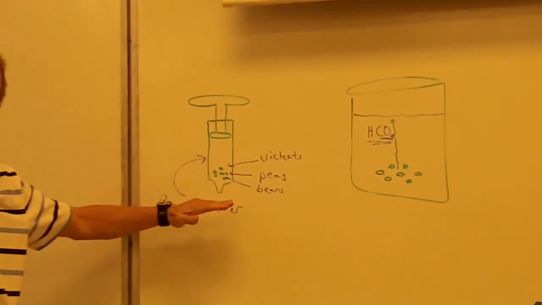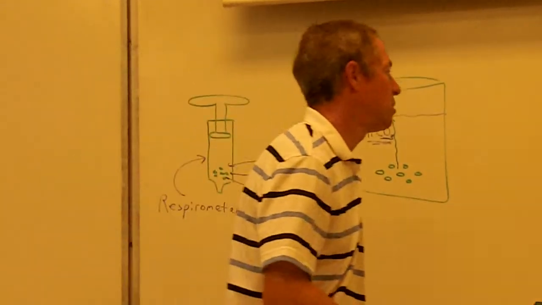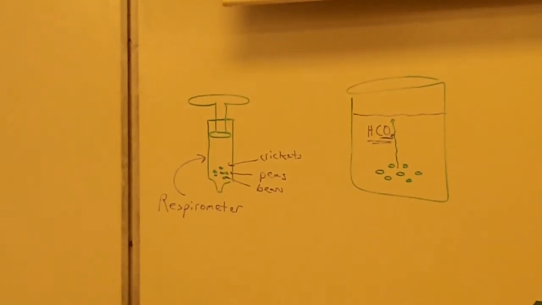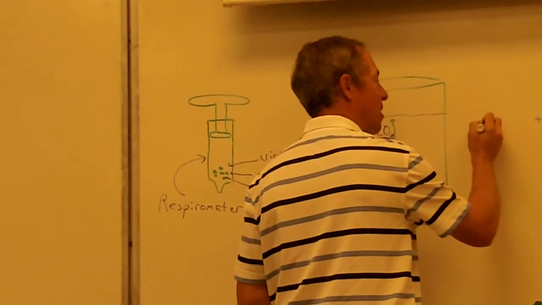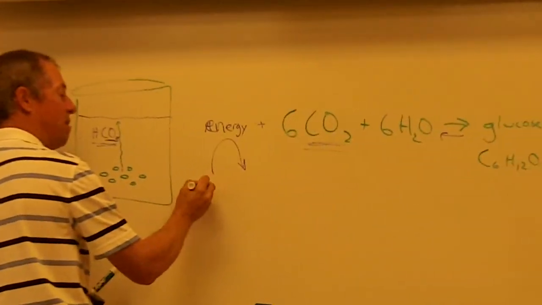Do y'all remember the respiration equation? 6O2 plus C6H12O6. How can I change this to the respiration equation? Put the arrow the other way. That's respiration. Food and oxygen form these waste products. And the important thing that forms is what? ATP, energy.